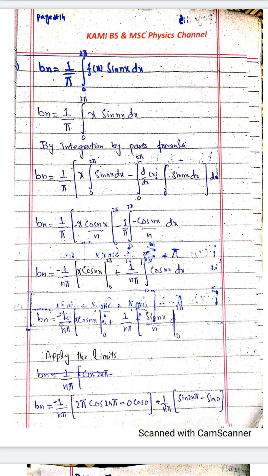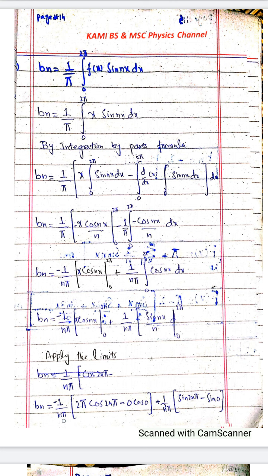So bn is equal to minus 1 over n pi x cos nx, limit 0 to 2 pi, plus 1 over n pi integration of cos nx. This integral gives us integration of cos nx is sin nx divided by n, limit 0 to 2 pi. Apply the limits.